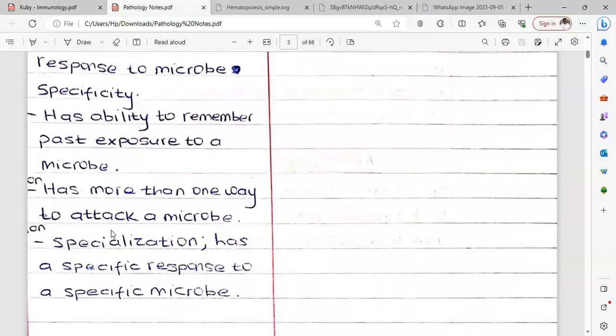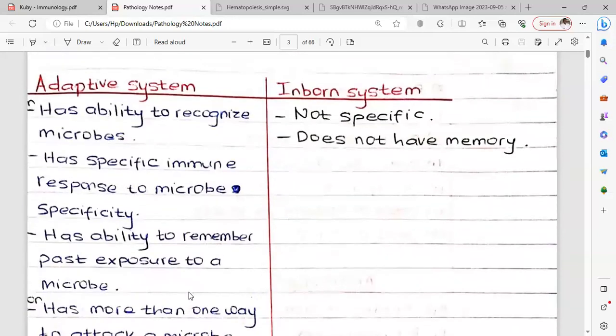And it has more than one way to attack a microbe, which we've said is diversity. And specialization has a specific response to a specific microbe, which is basically specificity. So for the inborn, which is innate, it is not specific, and it does not have memory.